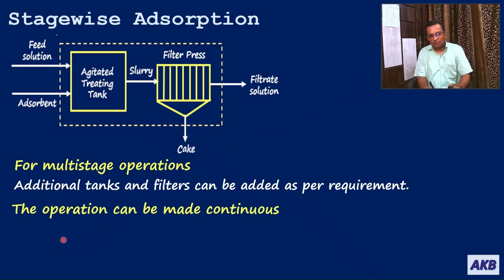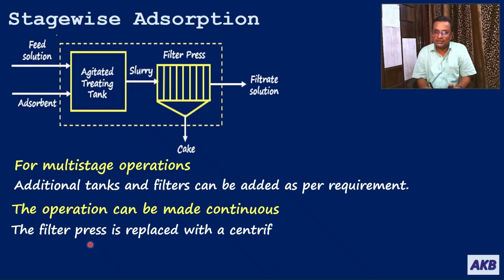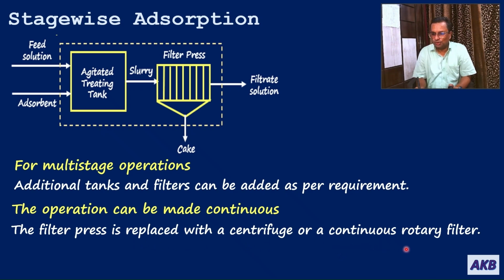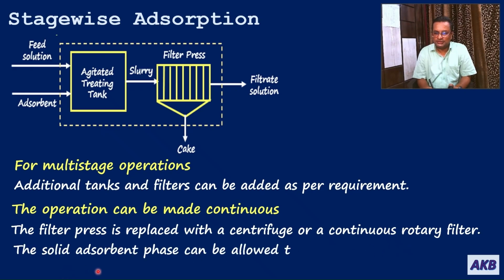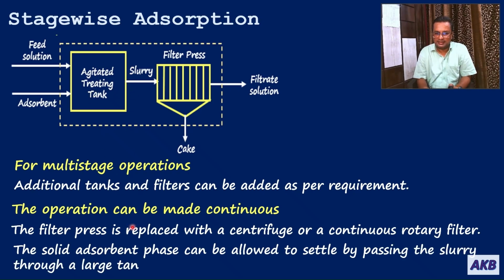You can also carry out the operation in a continuous manner. But for doing that, the filter press that is used in batch operation has to be replaced with a centrifuge or with a continuous rotary filter. Or alternatively, when the slurry comes out of the treating tank, the solid adsorbent phase can be allowed to settle.